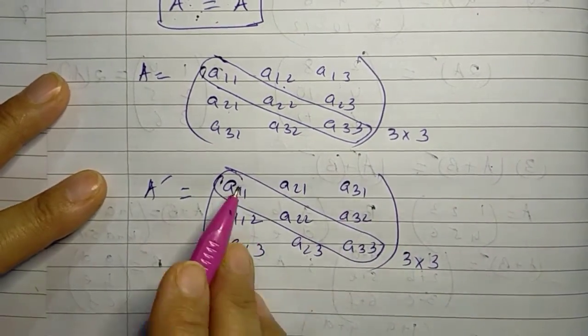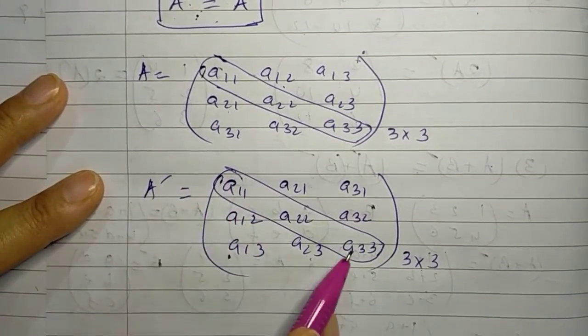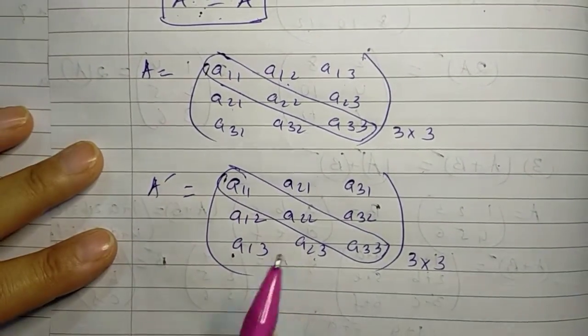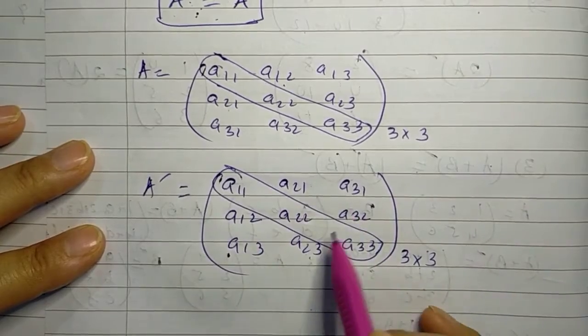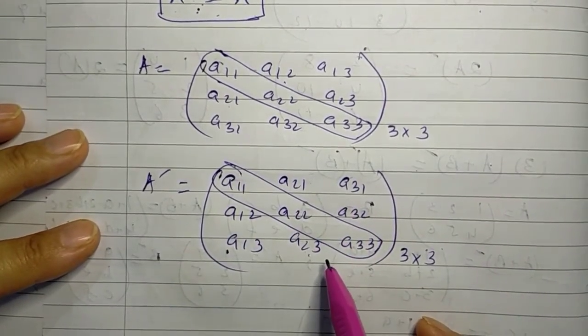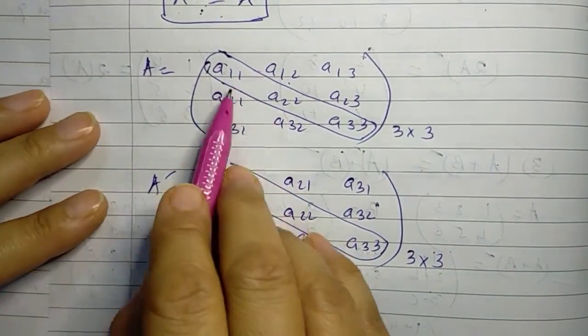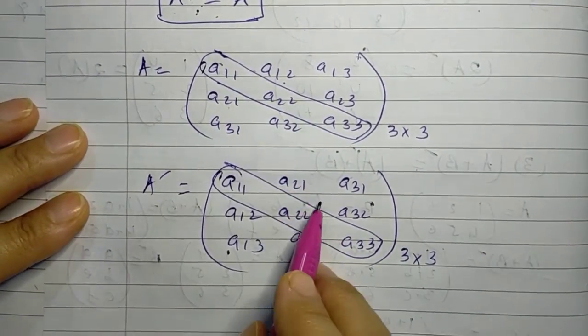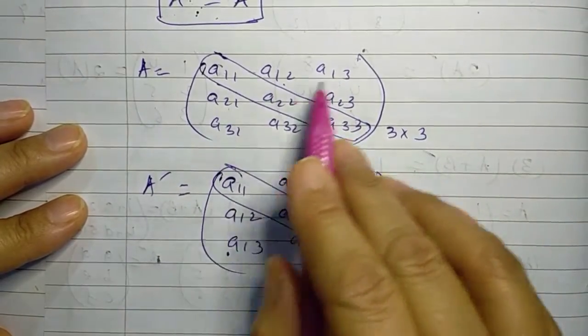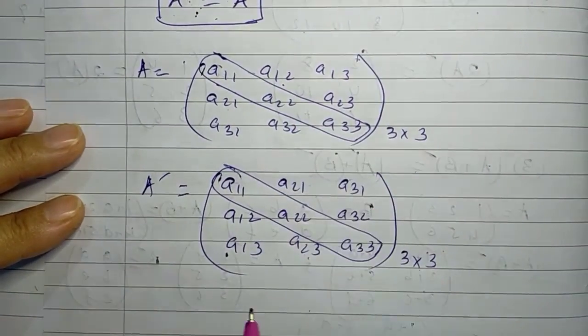If you consider the diagonal as a mirror, these positions are the mirror image positions. So the elements in the principal diagonal remain the same, whereas the elements in the mirror image positions get swapped.